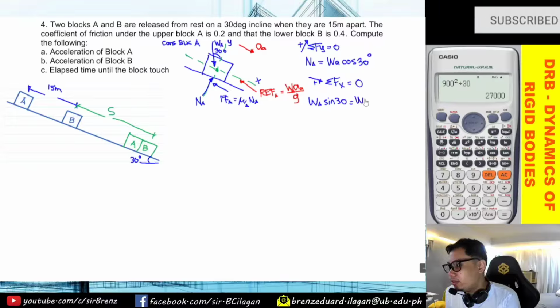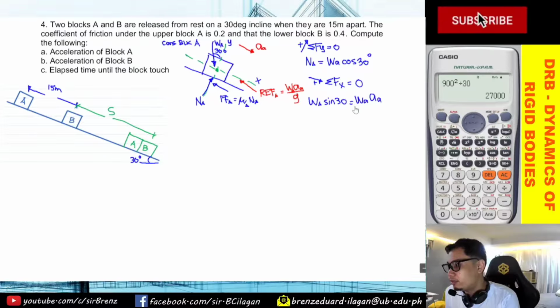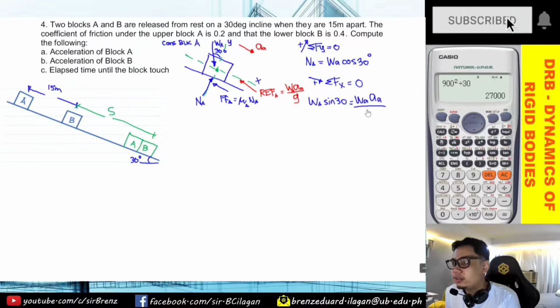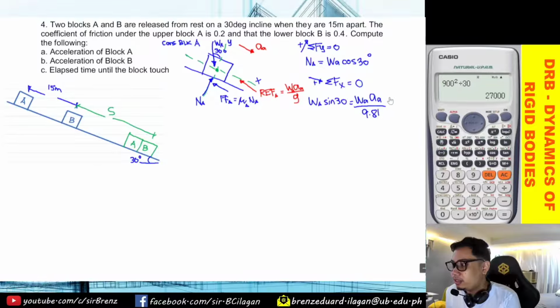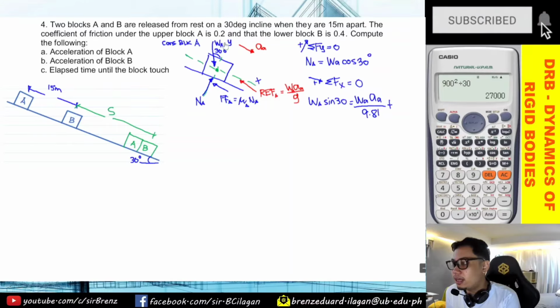That will be WA times the acceleration of block A, the REF, over 9.81, plus the frictional force, which becomes positive after transposing: plus mu sub A, the coefficient of friction of block A, 0.2, times NA, which is WA cosine 30.